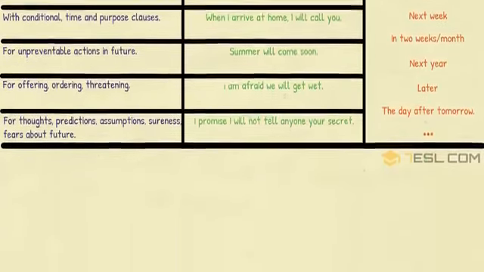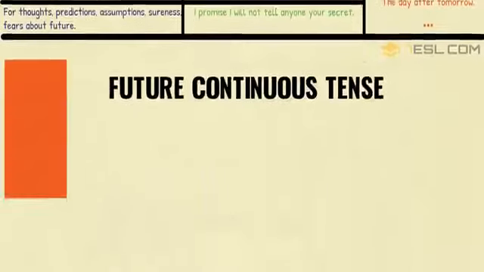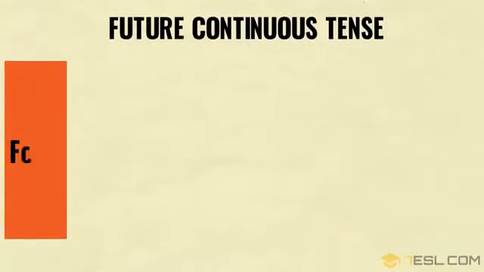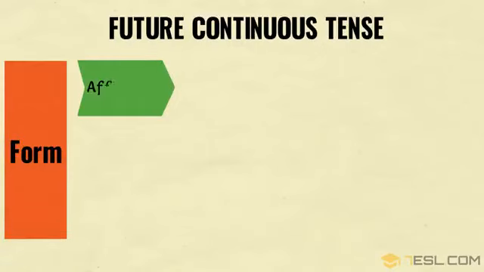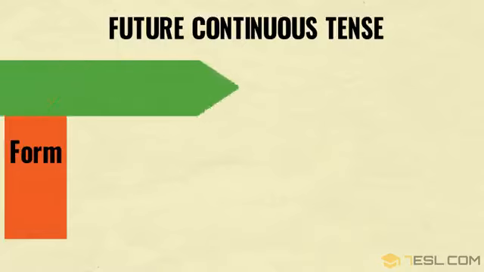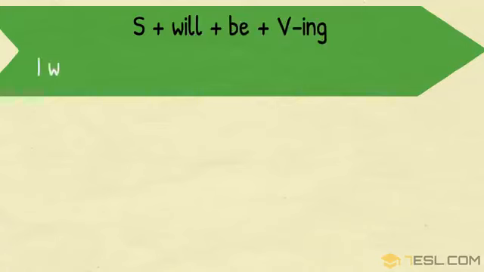Future continuous tense. Form. Affirmative: subject plus will plus be plus verb-ing.